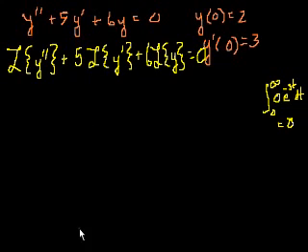Well, this is where we break out one of the useful properties that we learned. And that useful property, let me write it over here because I'll need as much real estate as possible. Let me erase this.